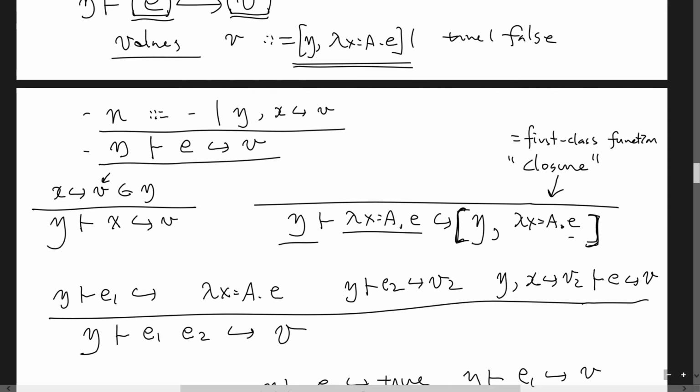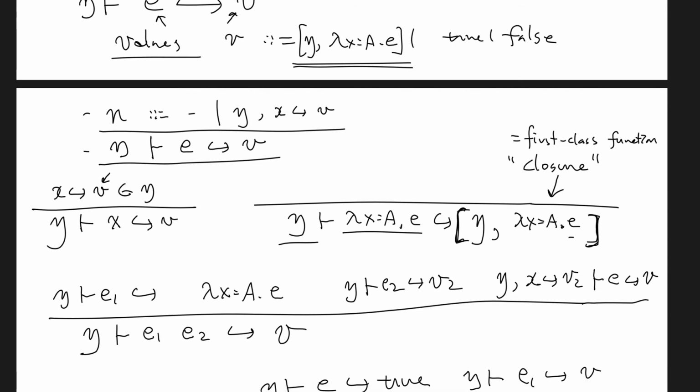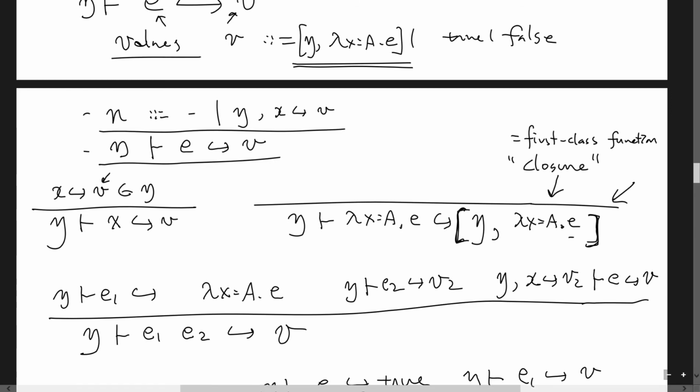Now, in this environment evaluation judgment, remember that this expression E and this value V belong to different syntactic categories. So we have fixed the bug in this rule, and the fix is we have to return not just this lambda abstraction, but also this environment. And by pairing these two up, we obtain something called closure.